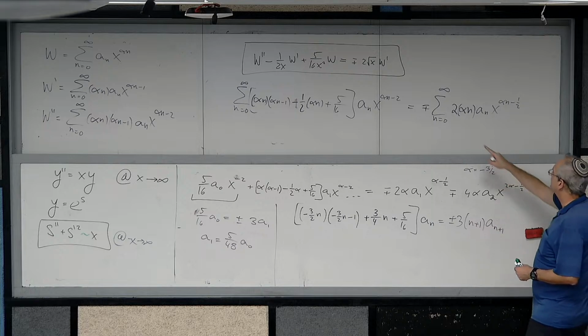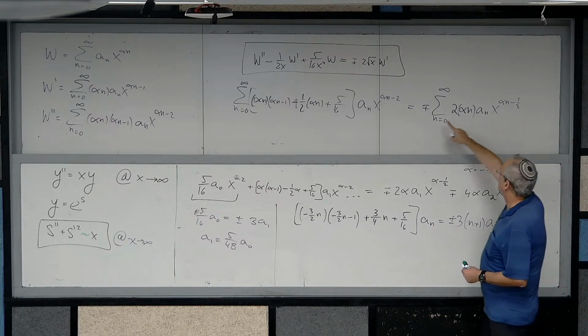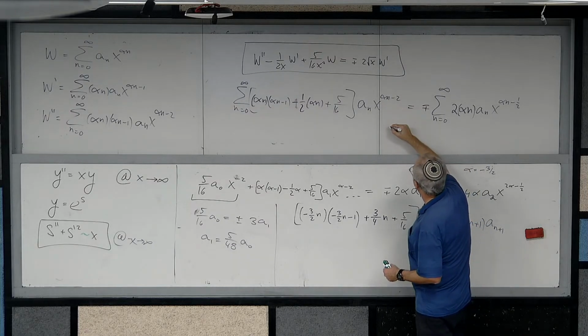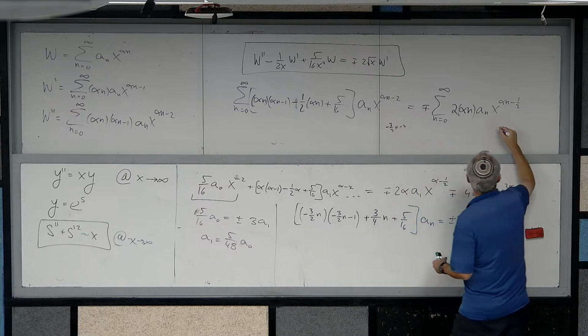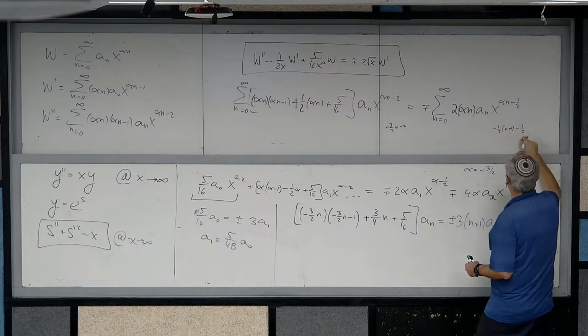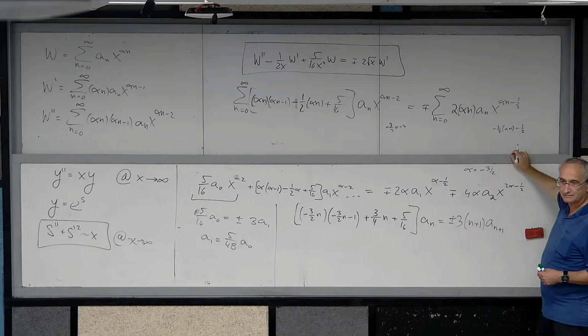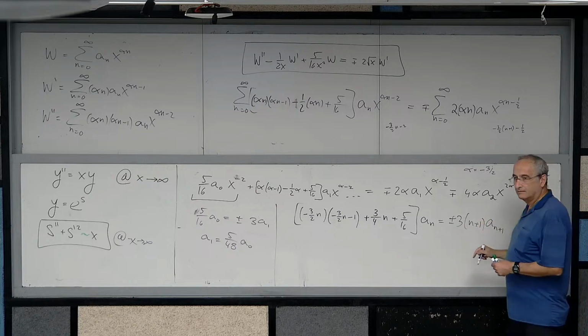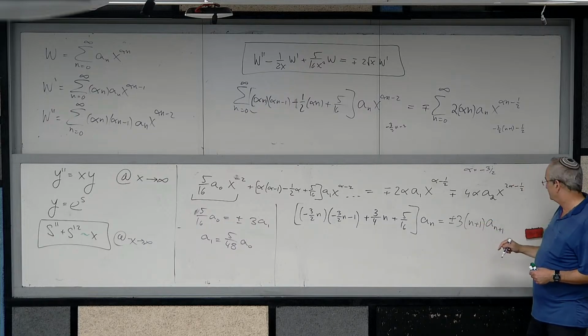Right, and you can see that the powers here, we have x to the minus 3/2 n minus 2, and here we have minus 3/2 n plus 1 minus 1/2. It's the same. So these are coefficients of the same power. Why will it be n plus 1?